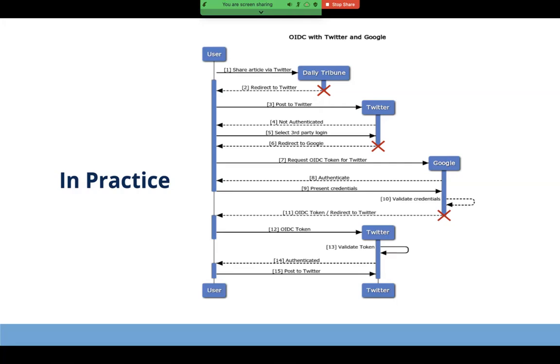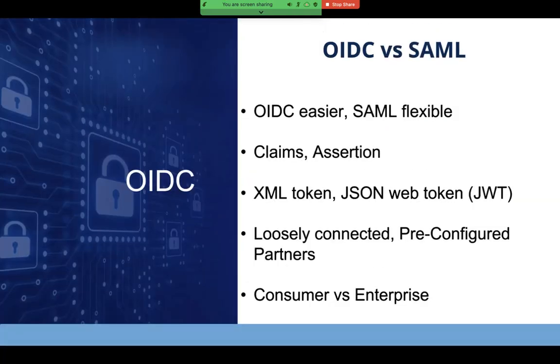So you've single signed on using Google against Twitter, all from clicking on an unaffiliated website, right? So for all intents and purposes, OIDC is a single sign-on implementation, right? It allows for a user to authenticate at one website or service and gain access to a resource on another, right?